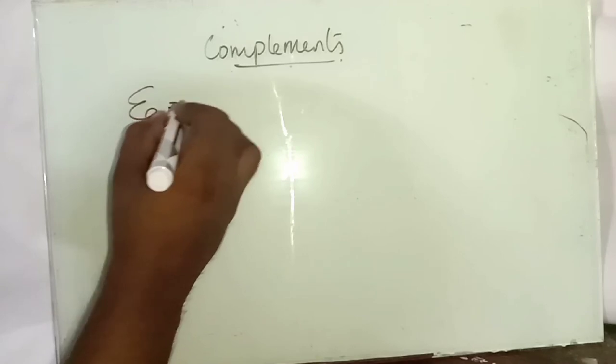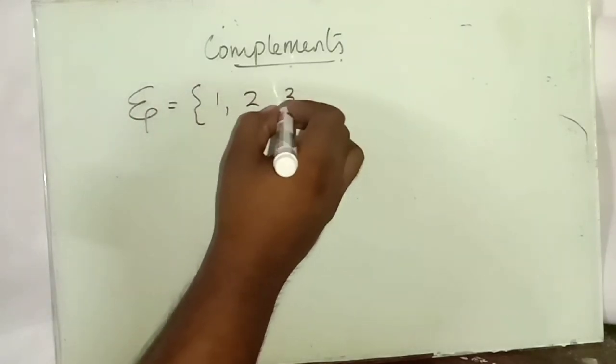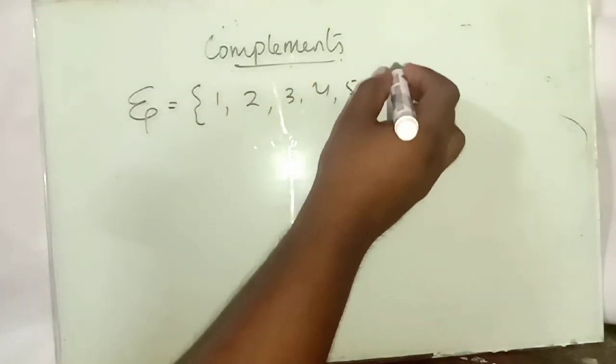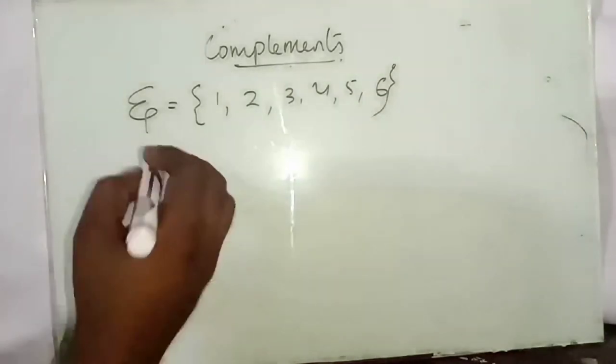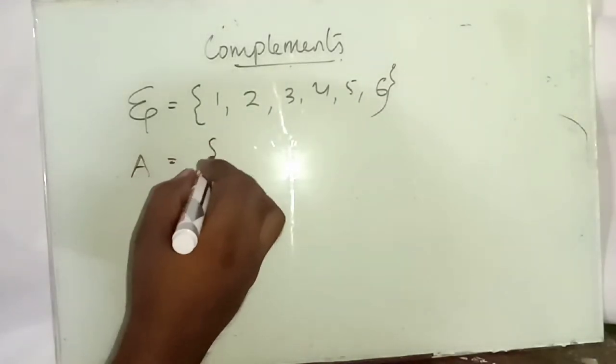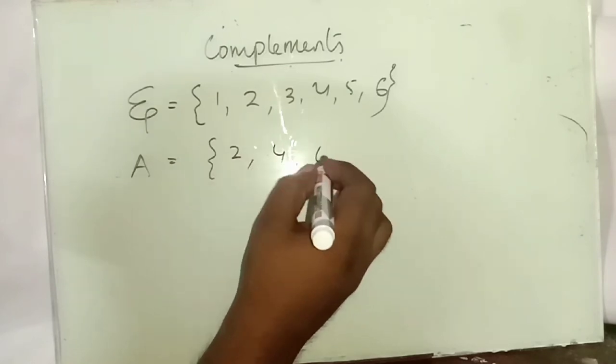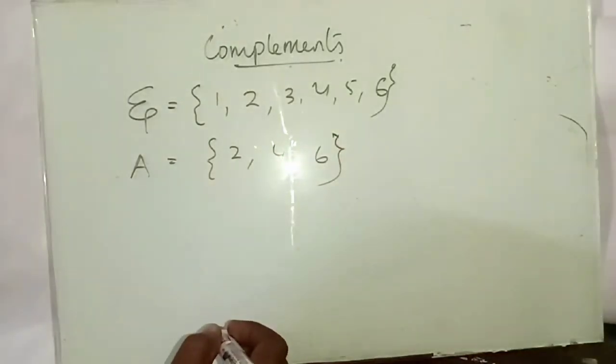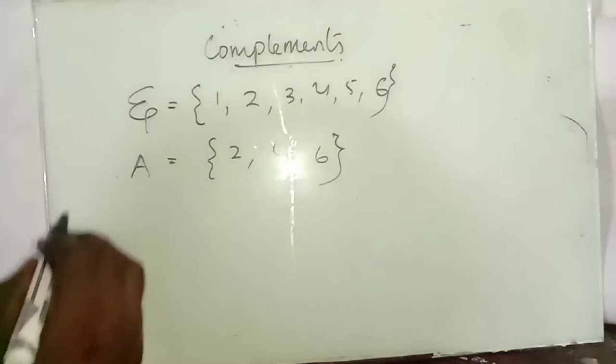Let's take a universal set {1, 2, 3, 4, 5, 6}, and suppose A is {2, 4, 6}. Then the complement of A.